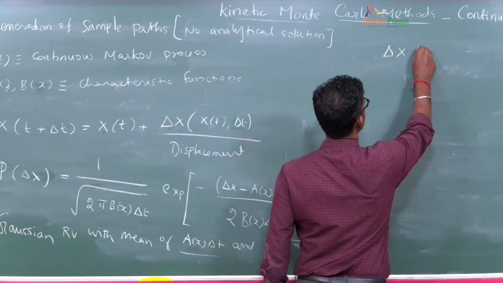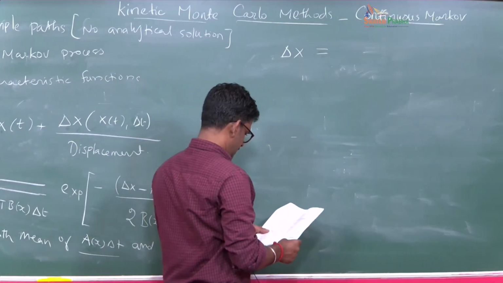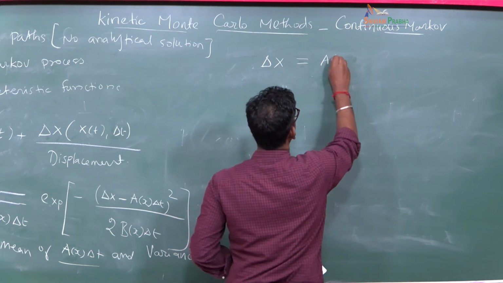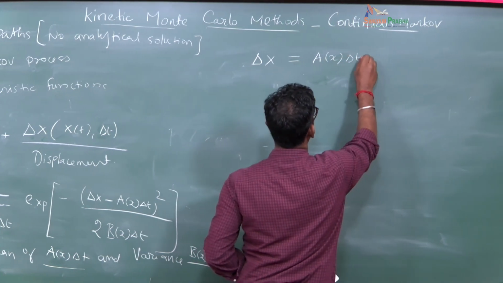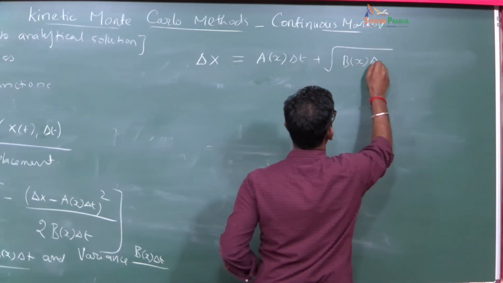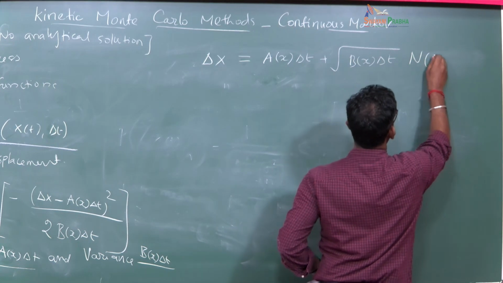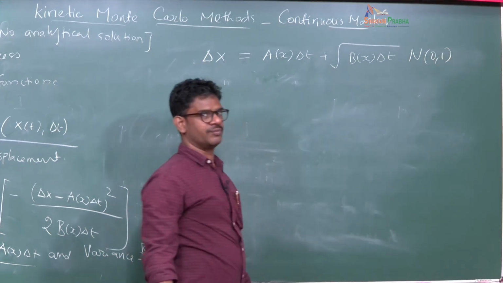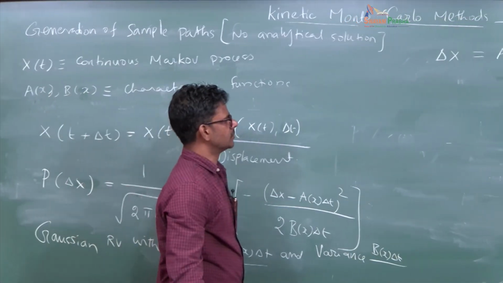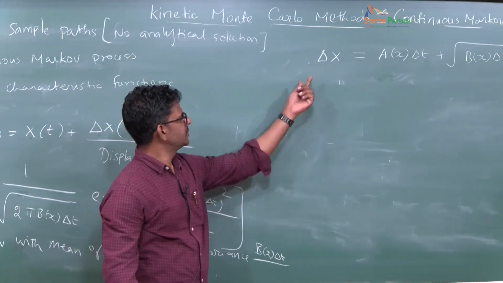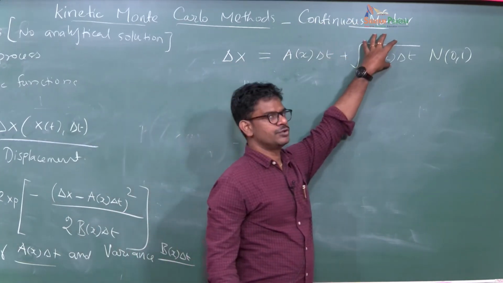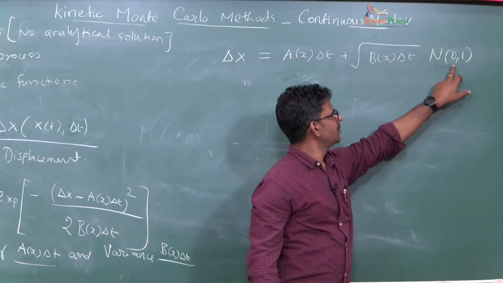So then we can write this delta x as a of x delta t plus square root of b of x delta t times a normal random variable. So at any time t, the displacement operator can be obtained from drift and diffusion quantities multiplied by a random variable.